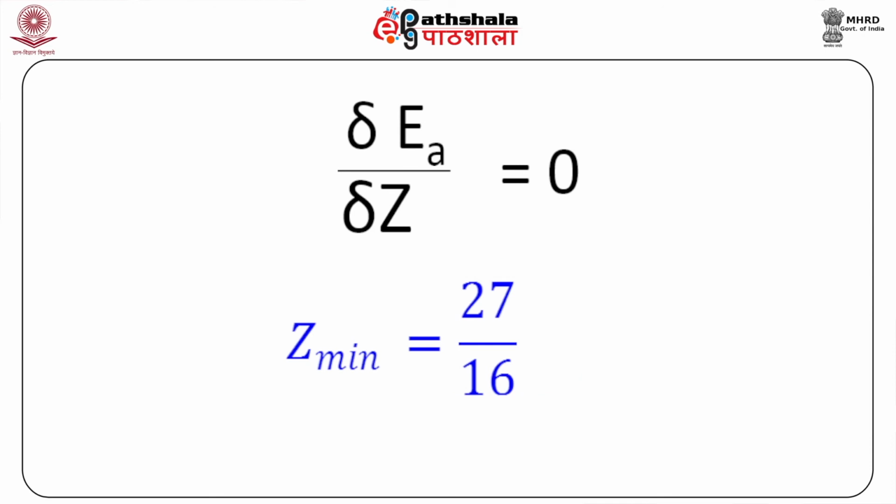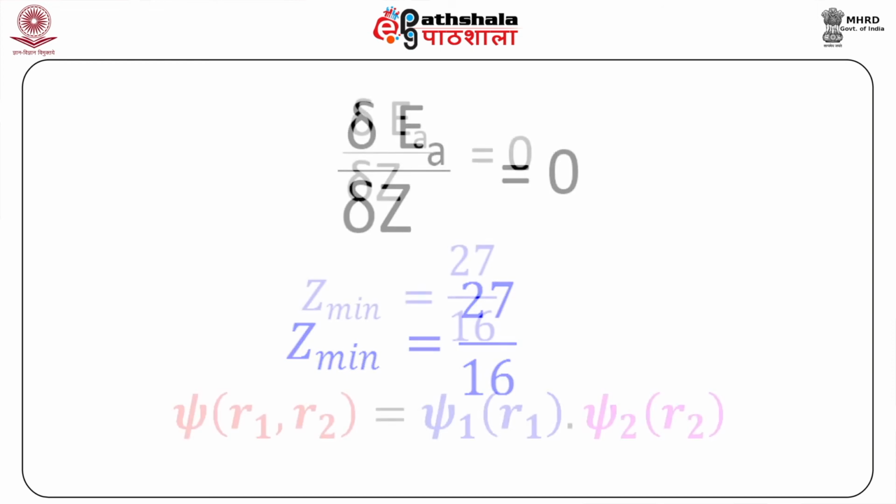Also, we know that helium atom is a 2-electron 3-body system, while hydrogen is a 1-electron 2-body system. But if we ignore the inter-electronic interaction in helium atom, the ground state wave function for helium atom can be taken as product of individual electron wave function. That is, it can be approximated as product of individual hydrogen-like 1-electron wave function as shown in equation 19.